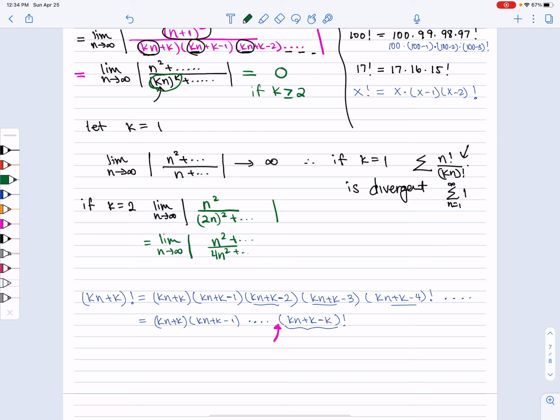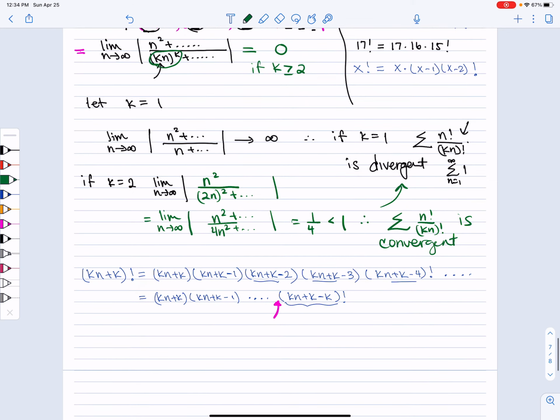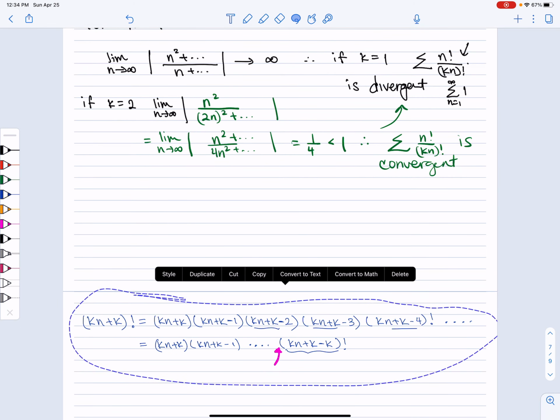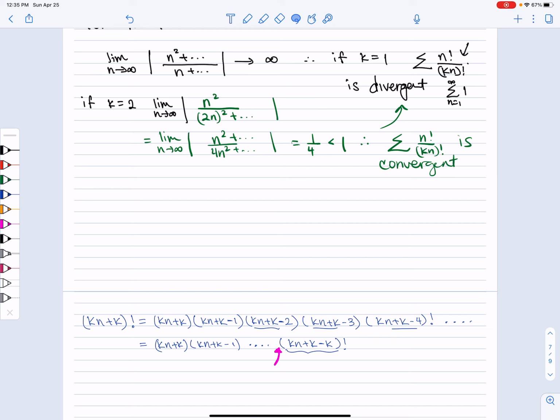Remember, we're adding a couple of other terms after. And that limit is going to be 1/4, and 1/4 is less than 1. Therefore, the series will converge. I was looking up here to copy the problem, and the word divergent came out. Okay, so if it's equal to 2, then it's going to converge.